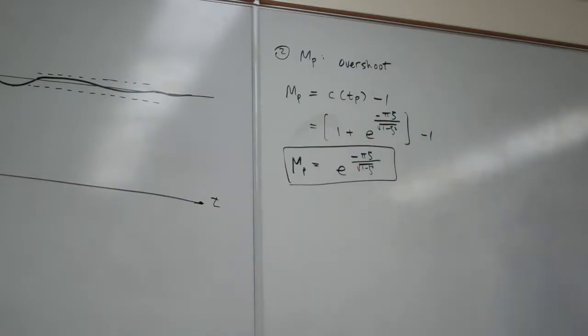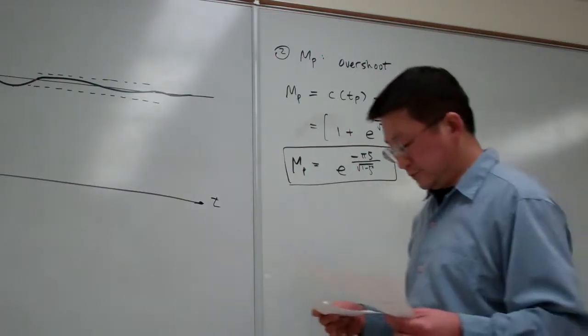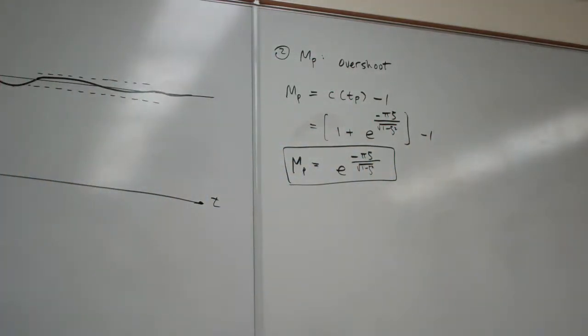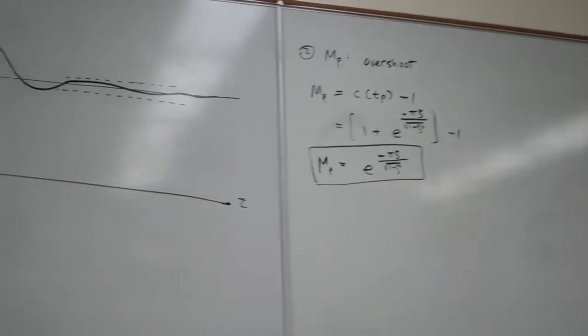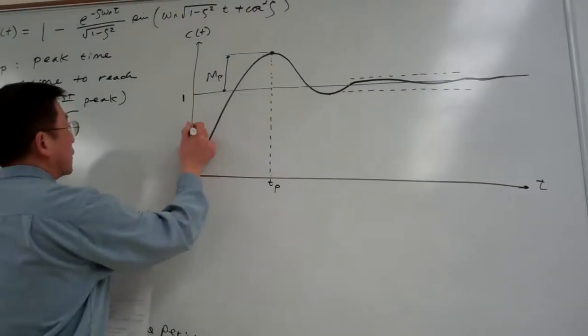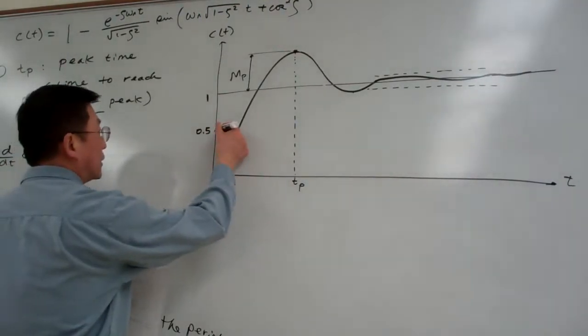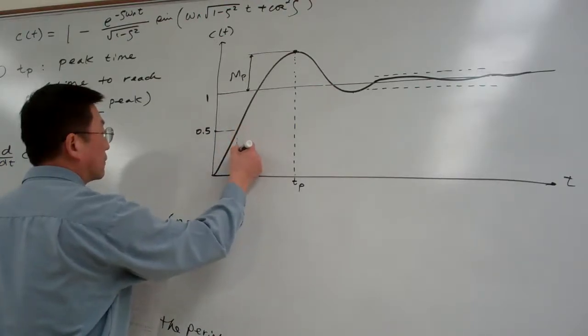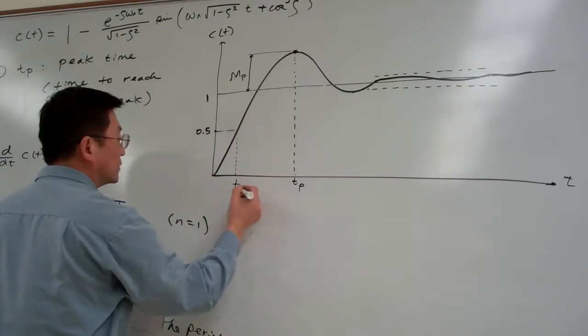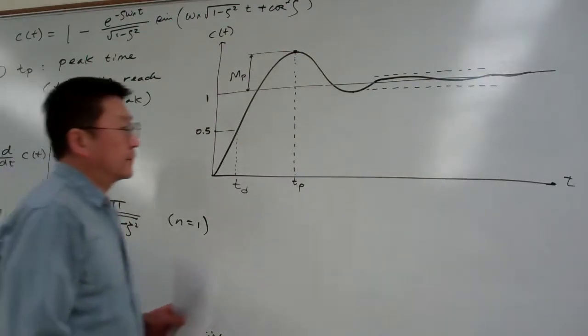And then the third one, we're going to characterize TD. So here, say, if we want to know when the system arrives at half of the command, then the corresponding time we call the TD, and D is for the delay time.